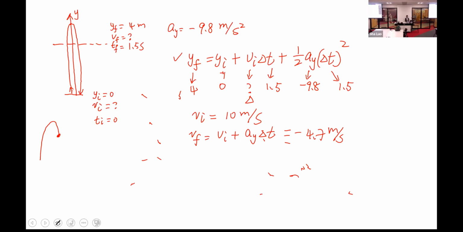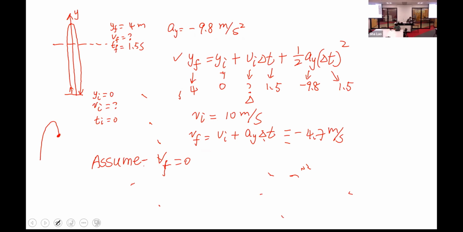All right. Another suggestion for this question is you can make assumptions. If you are kind of lost, you can assume your vf equals 0. But you have to prove your assumption. If you make the final velocity equal to 0, you have to check. What do you need to check?